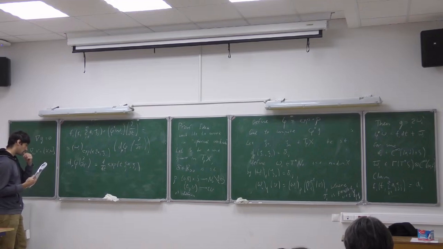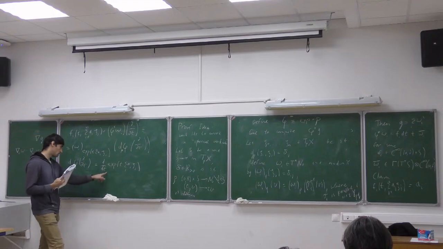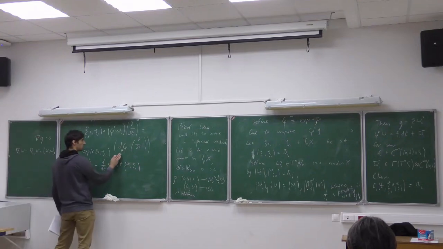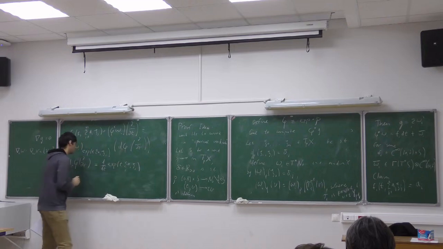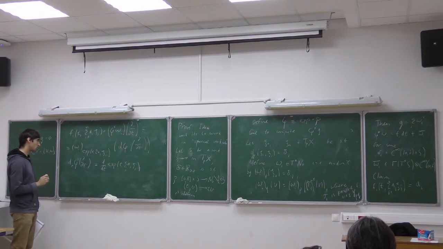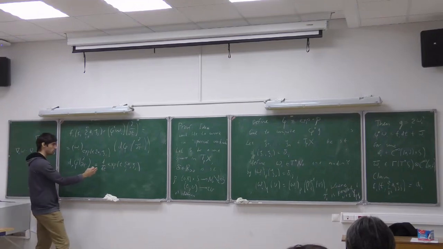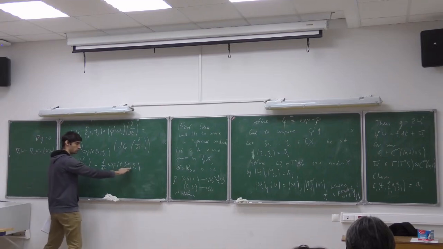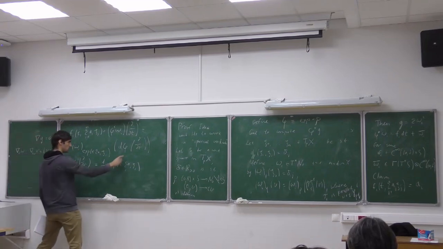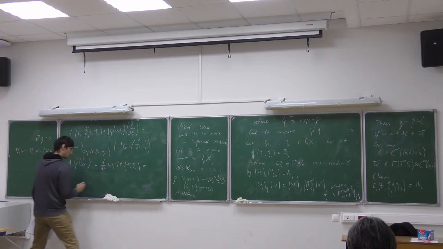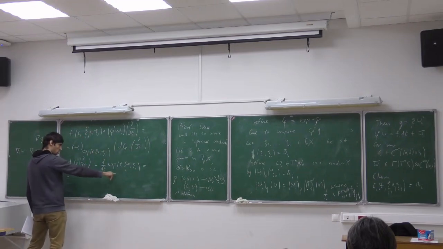Actually, I don't want to put t equals 0 here. So I want this at a point, well, at the point exponential of t a j xi j. So this point should go here.